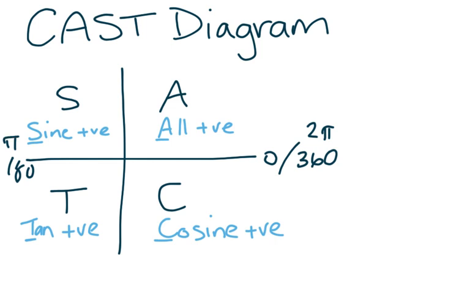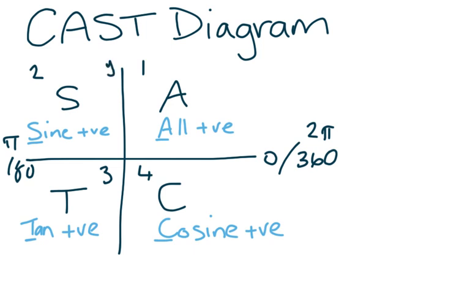But it's basically understanding that all of the ratios are positive in the first quadrant. Only sine is positive in the second quadrant. Only tan is positive in the third quadrant, and only cosine is positive in the fourth quadrant. That's purely because, if we remember from our unit circle, sine is read off the y-axis.